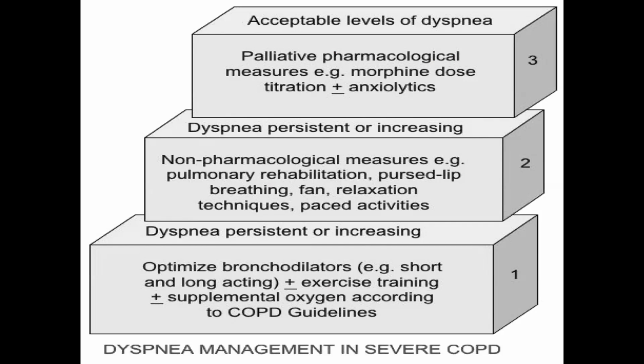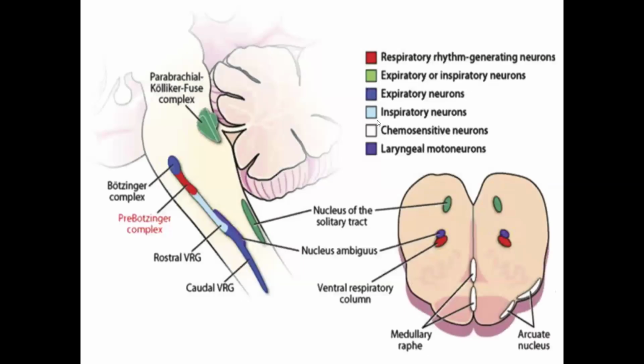So I want to point out that opioids are not your first choice. I know we use opioids a lot in palliative care, but it's not the first thing to use. When you have an acute dyspnea crisis, opioids are your last resort, in small doses, and we use smaller doses than for pain.